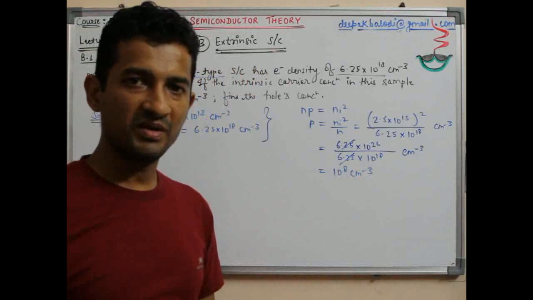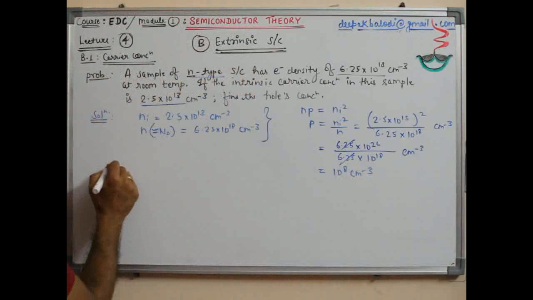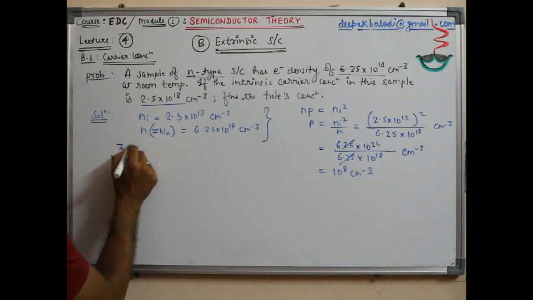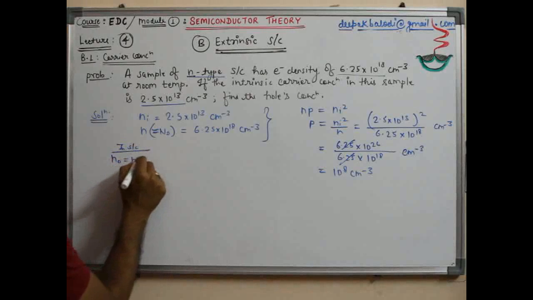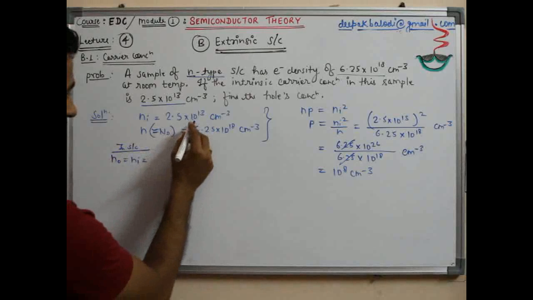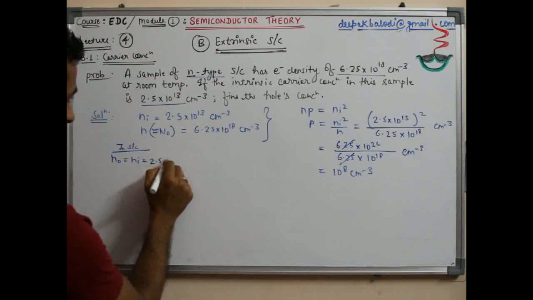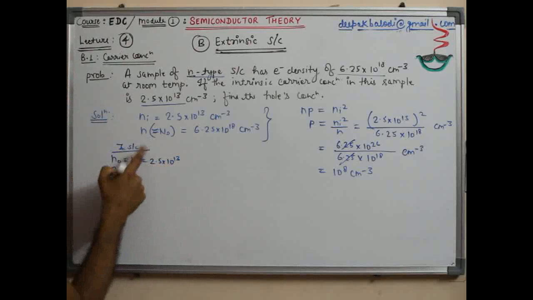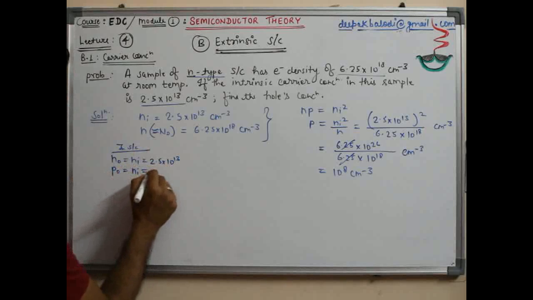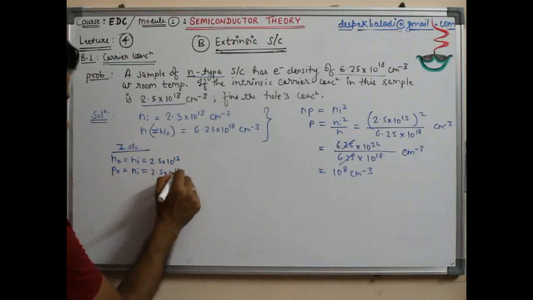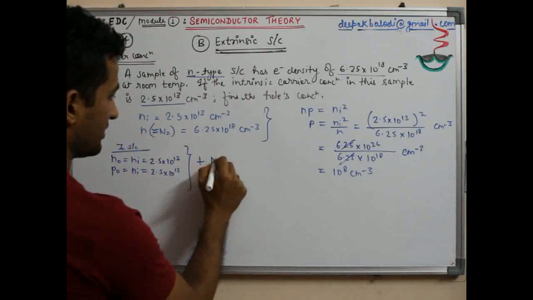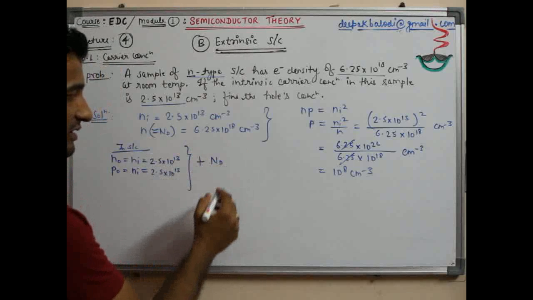Now let me again brief the story of what has happened. Earlier in the intrinsic semiconductor, n naught was equal to Ni and was equal to 2.5 into 10 to the power 13, and p naught was also the same, Ni, because it was intrinsic earlier. Then we added Nd, which should ideally be in this order.